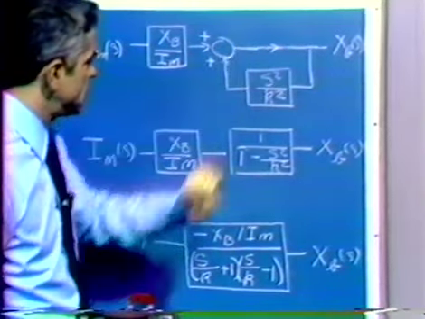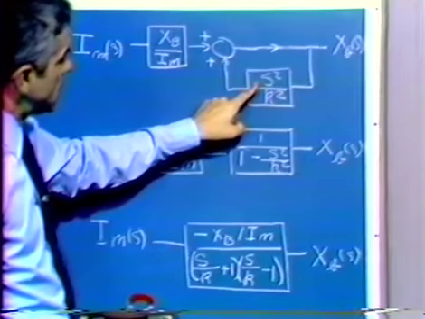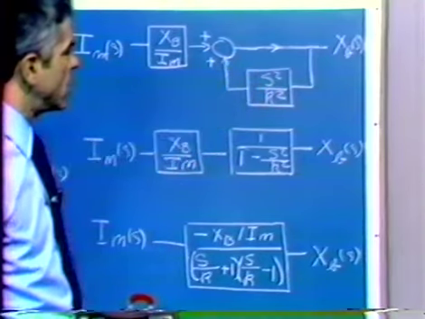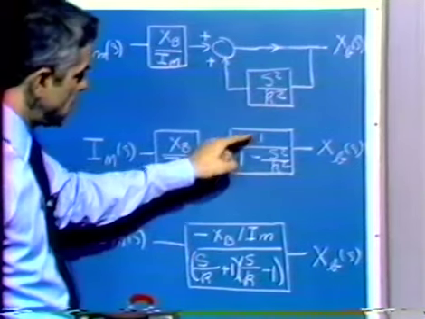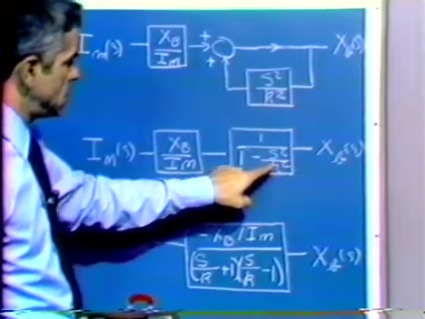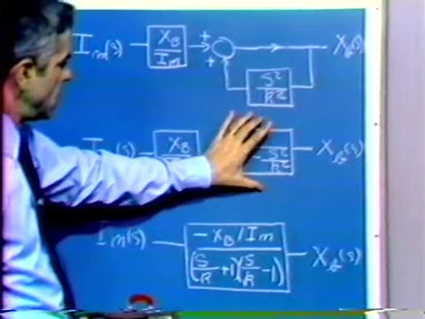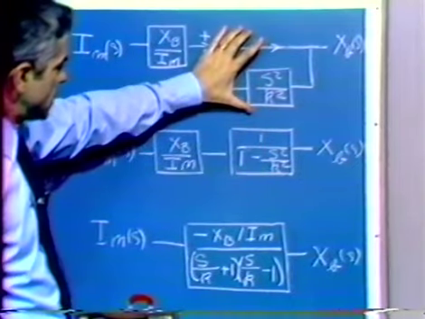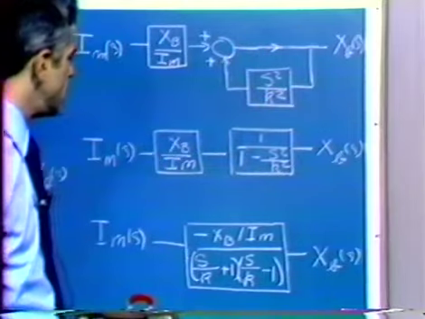Well, the forward path is simply 1. The loop transmission in this case is plus s squared over k squared. And so we get an expression, the forward path, 1 over 1 minus the loop transmission, 1 minus s squared over k squared. And so this block gives us the transfer function from here to here.